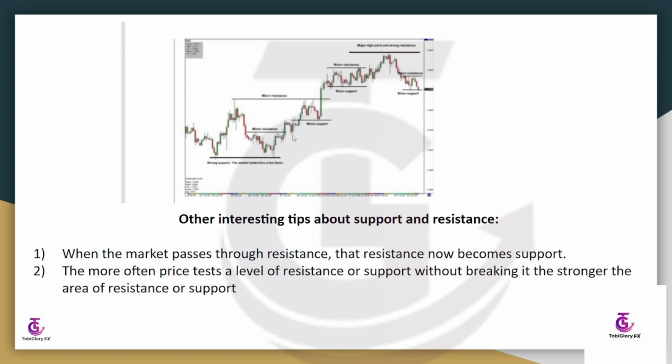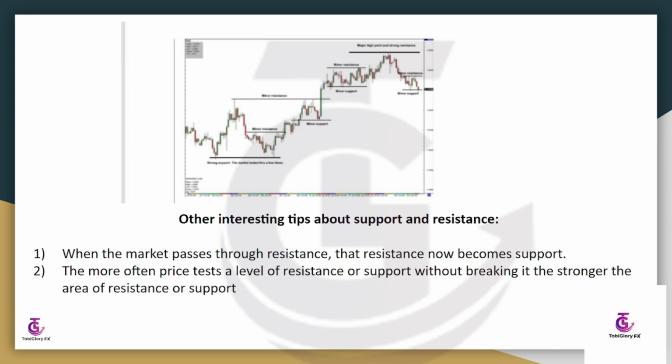That's number one. Number two, the more often price tests a level of resistance or support without breaking it, the stronger the area of the resistance or support.